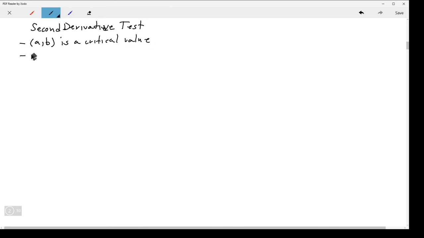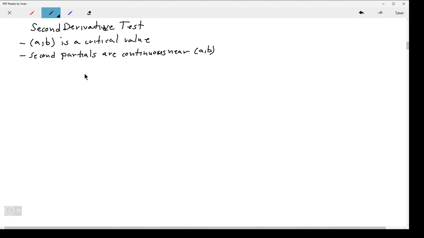We need the second partials to be continuous near (a, b).